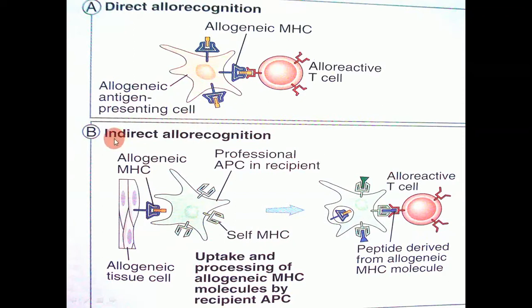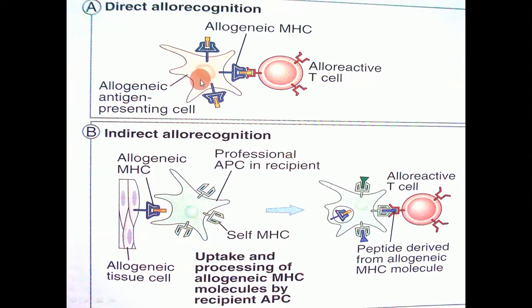And another mechanism is the indirect allorecognition, where the donor graft tissue presents on its cell surface the MHC molecules plus donor antigen, and this stimulates the patient's dendritic cell, and this dendritic cell will process this antigen and present it to the patient's T lymphocyte and lead to stimulation of the T lymphocyte.